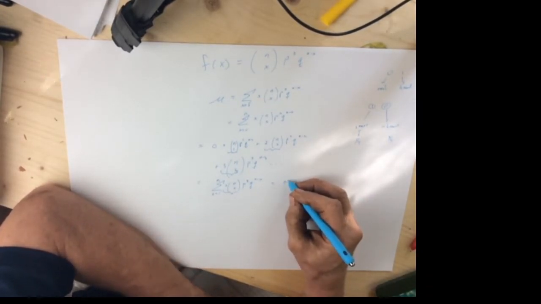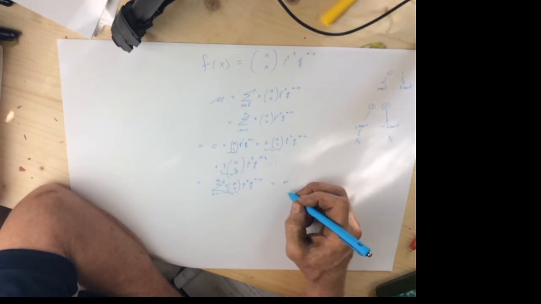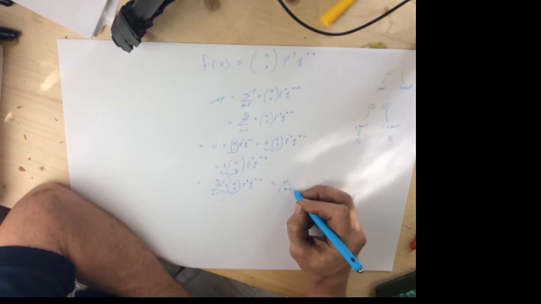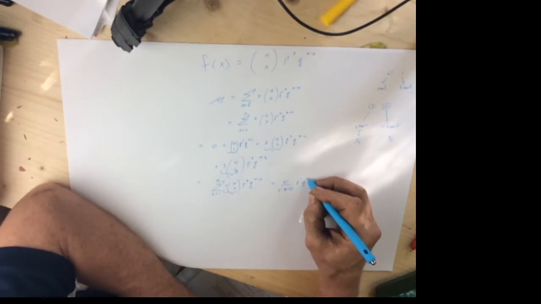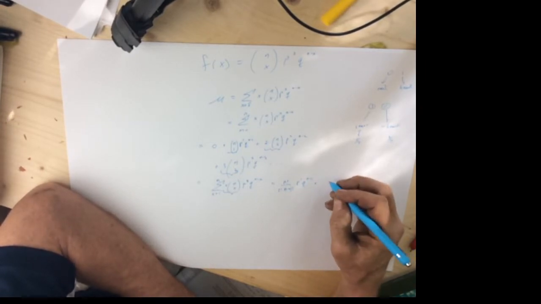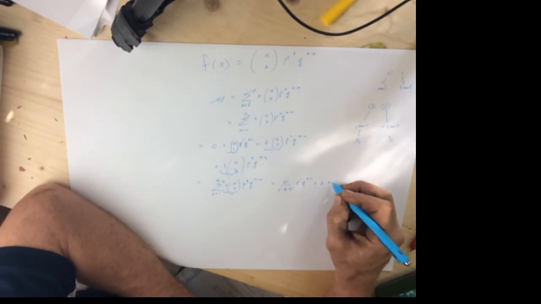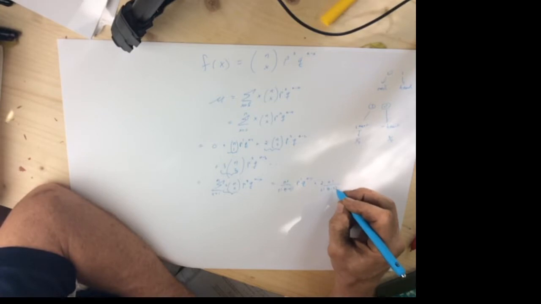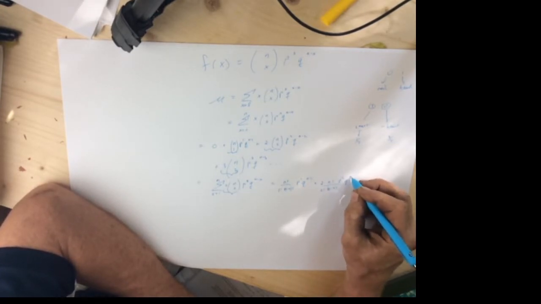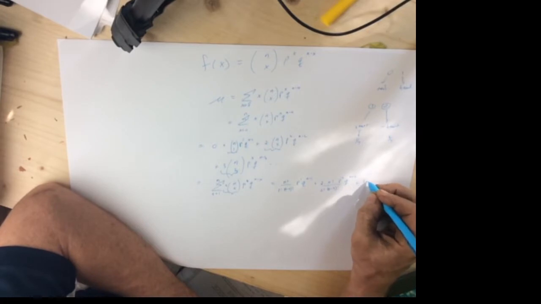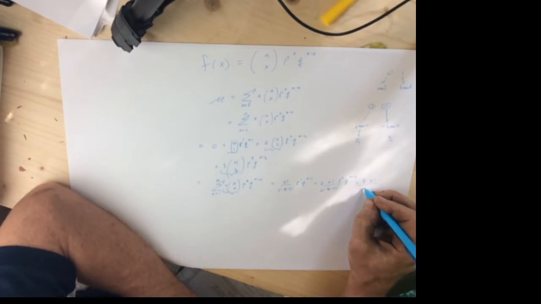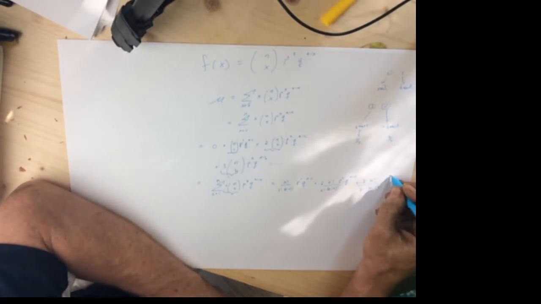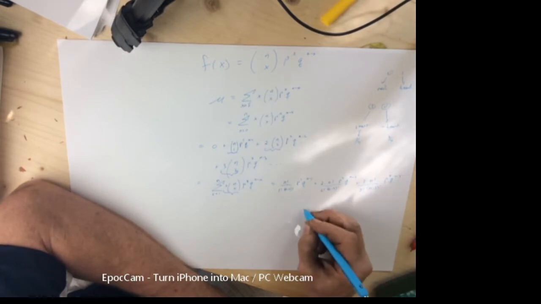n choose 1 is n factorial over 1 factorial, n minus 1 factorial, p to the first, q to the n minus 1, plus the next one is 2 times n factorial over 2 factorial, n minus 2 factorial, p squared, q to the n minus 2, plus 3 times n factorial over 3 factorial, n minus 3 factorial, p to the third, q to the n minus 3.